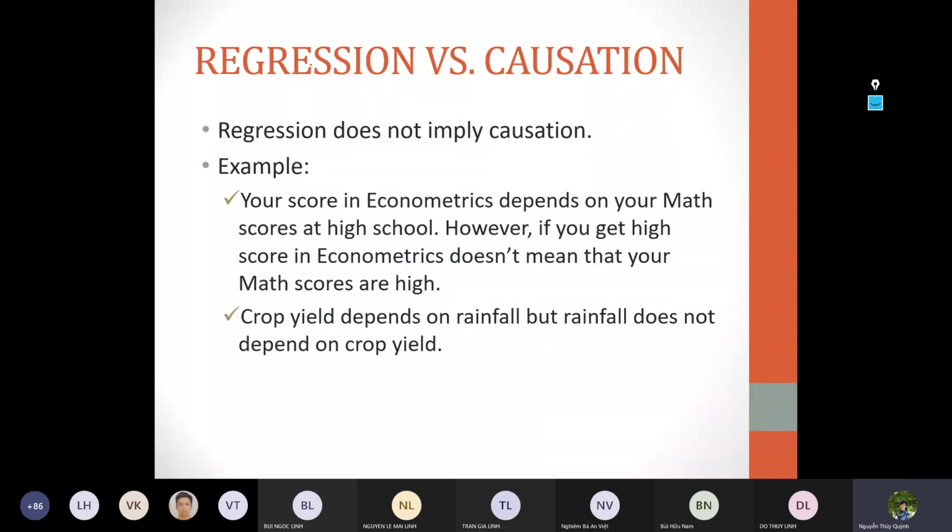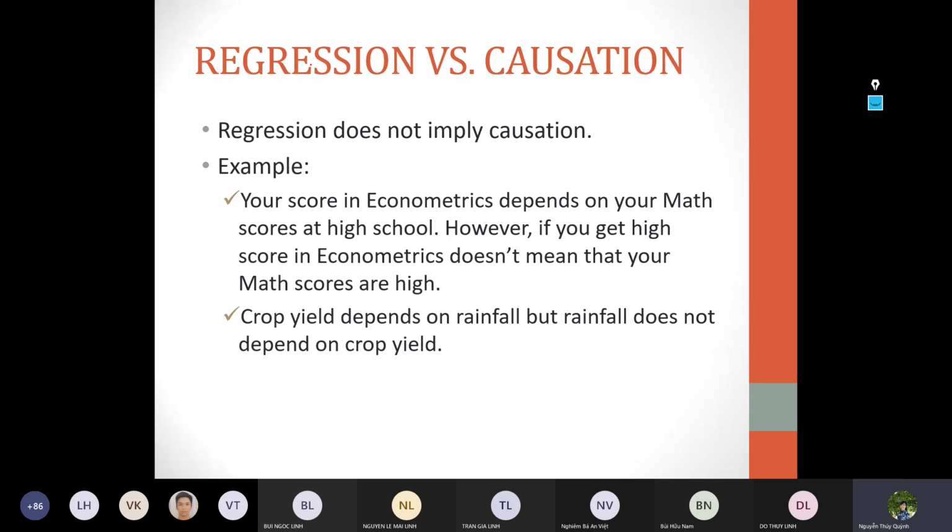However, if you get a high score in econometrics, it doesn't mean that you had a high score in math. Maybe because you spend more time doing the exercises, maybe because you spend more time following the lectures, so you understand econometrics better. Maybe your math score is not very high, but you still have a high score in econometrics.